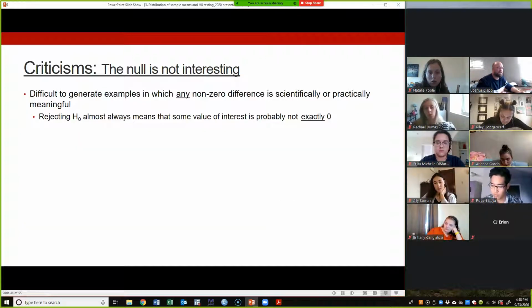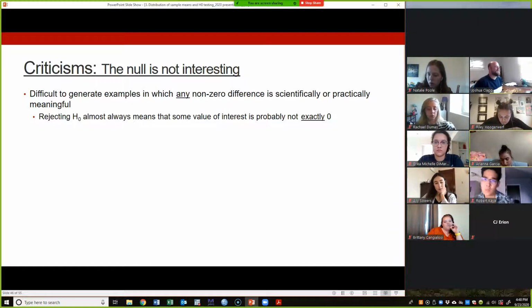Yeah. Also, we alluded to this. The null hypothesis isn't interesting, right? It's hard to think about a situation where any non-zero difference is going to be scientifically or practically or theoretically meaningful.